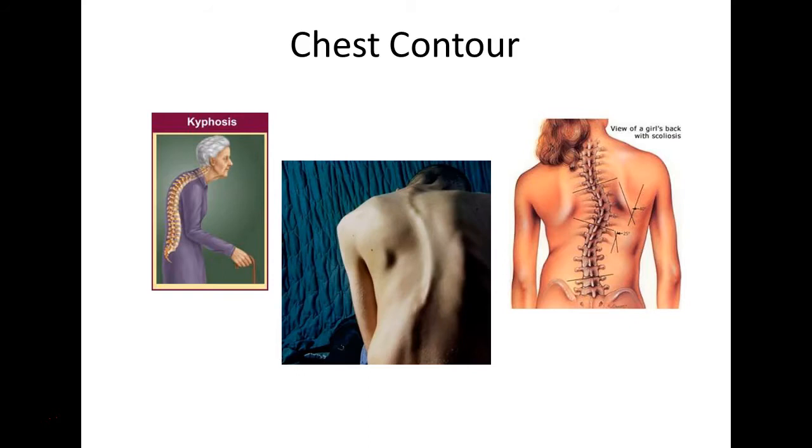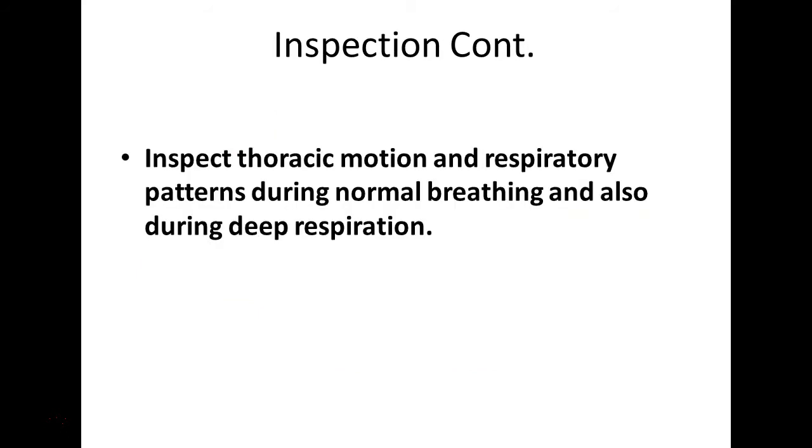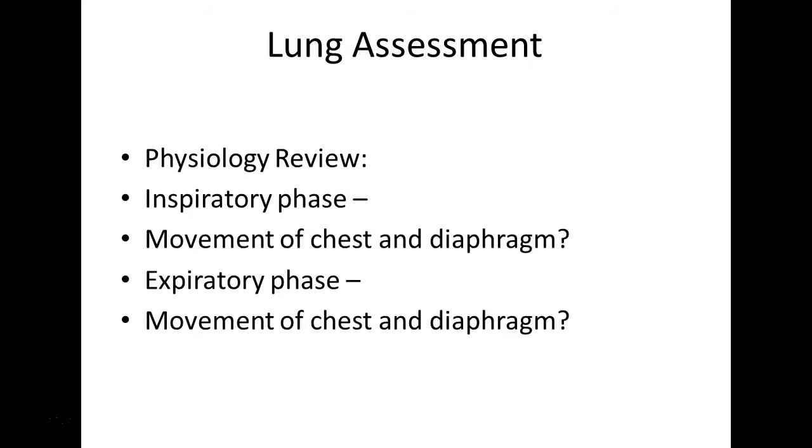Here's a picture of a patient on the far left with kyphosis. On the right, that S-shaped spine, that patient has scoliosis. Again, more inspection, thoracic motion to make sure that it's symmetrical, respiratory patterns during normal breathing and also during deep respiration.